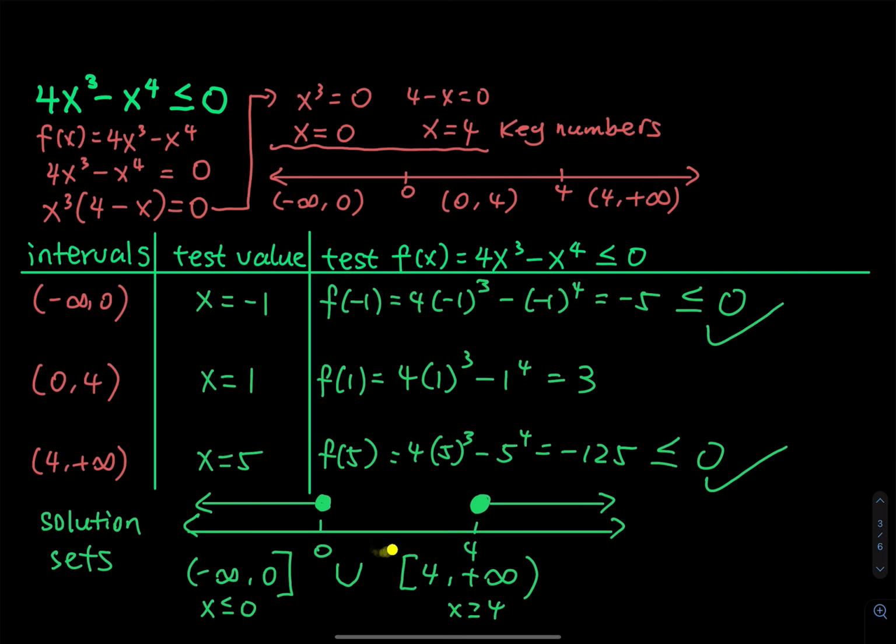If you select an x value between 0 and 4, that x value is not going to satisfy the inequality. And there is another what if. What if at the very beginning I gave you a less than here? If that is a less than, then this is an open circle, parenthesis, and no equal at the end, if I give you a less than only.